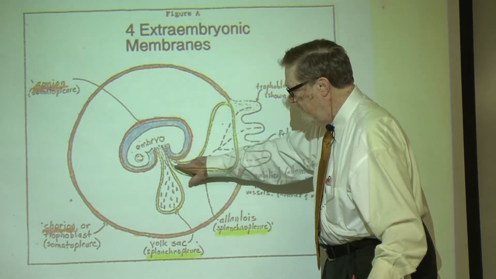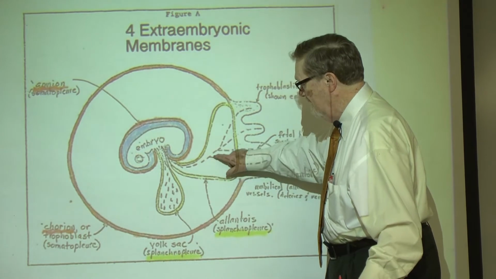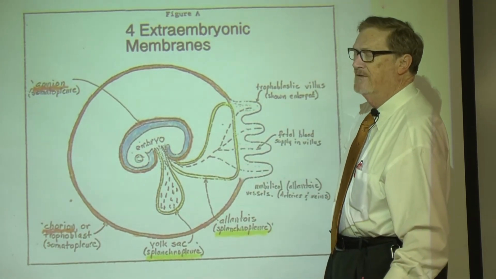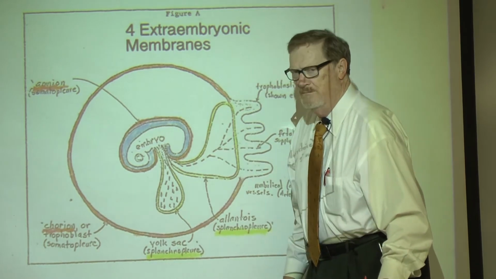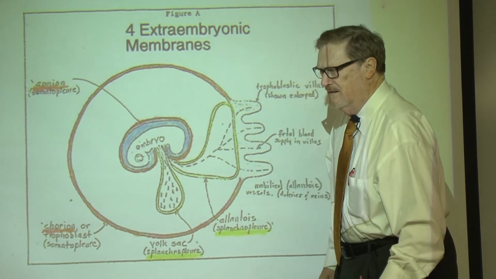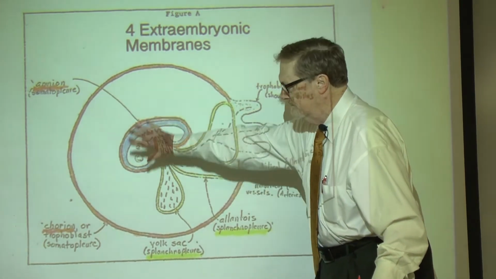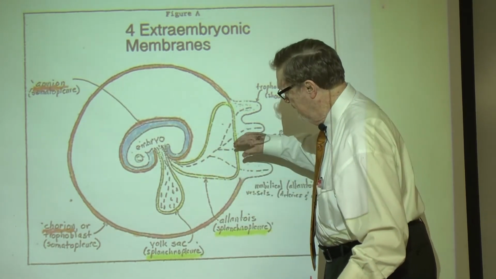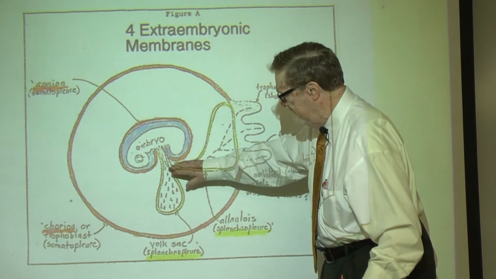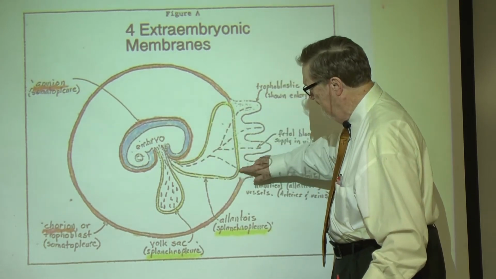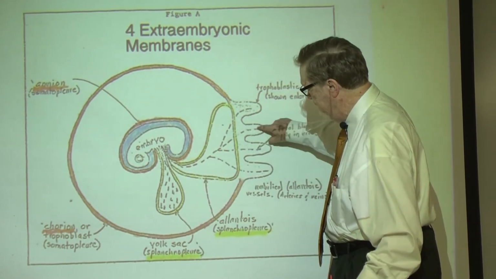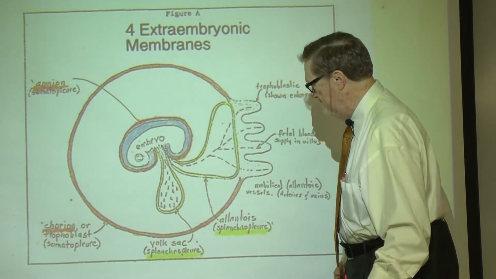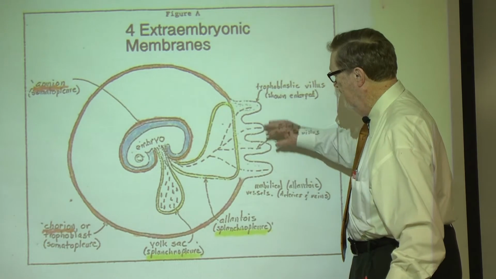The most important part about the allantois is its wall is where a pair of the most important blood vessels that are in this whole shooting match right here, called the umbilical arteries and veins, develop. And they lead out to these finger-like projections on the surface of the placenta called the chorionic villi.